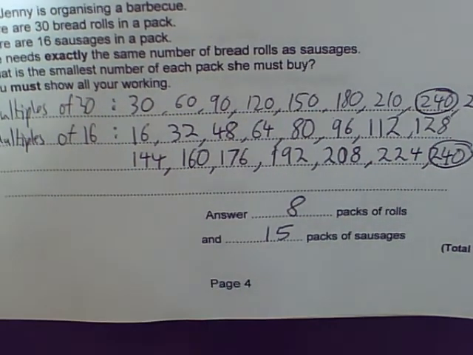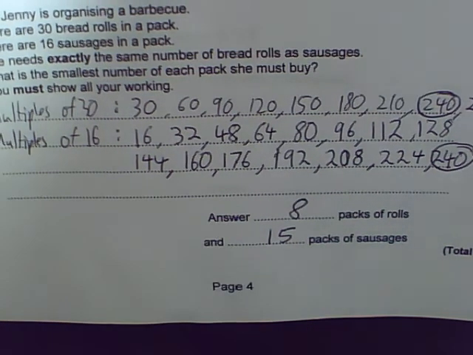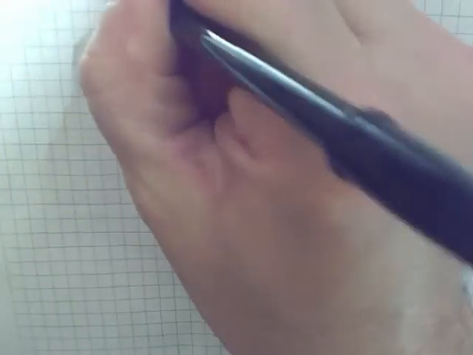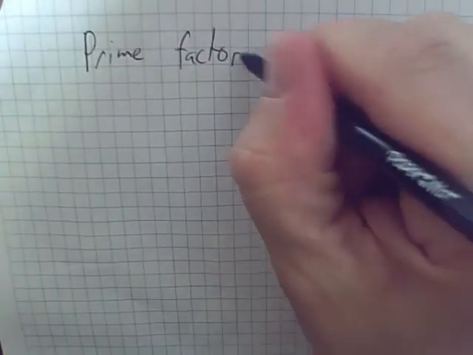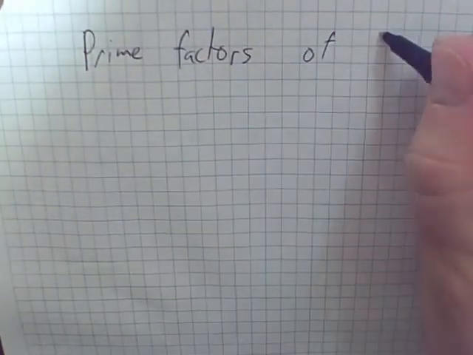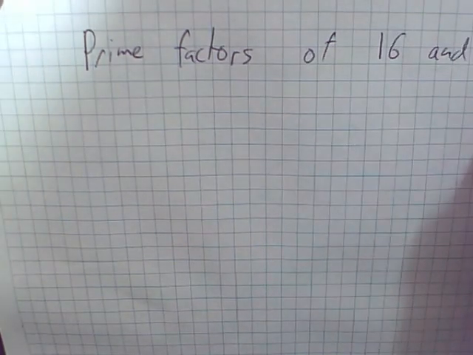Now there is a formal way of working out lowest common multiples, and I'll show it to you now. It's to do with prime factors that we looked at in an earlier question. If I take the prime factors of 16 and of 30.